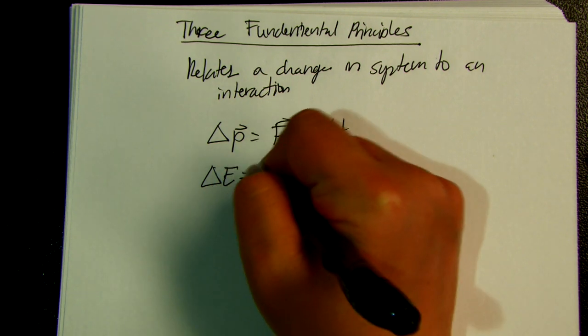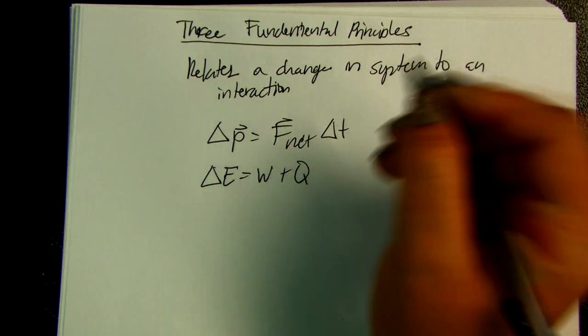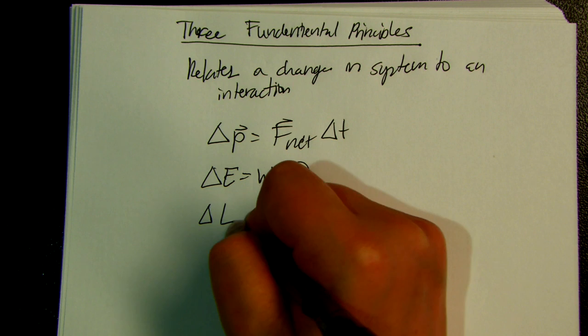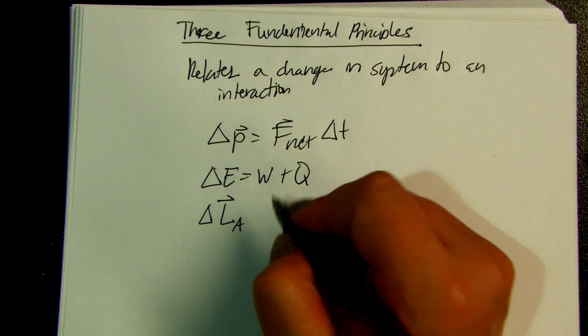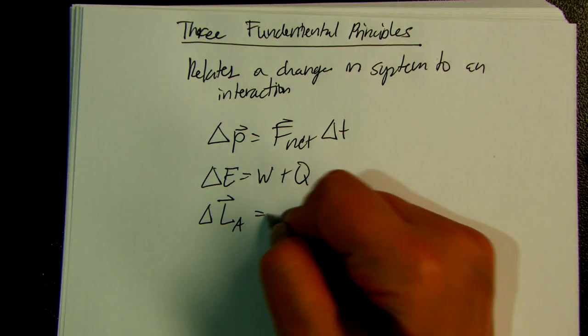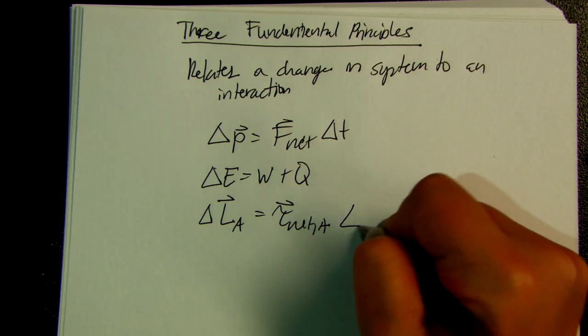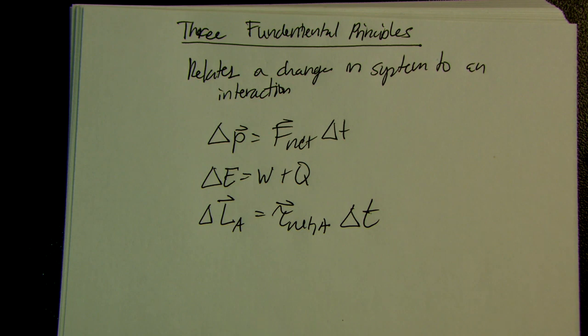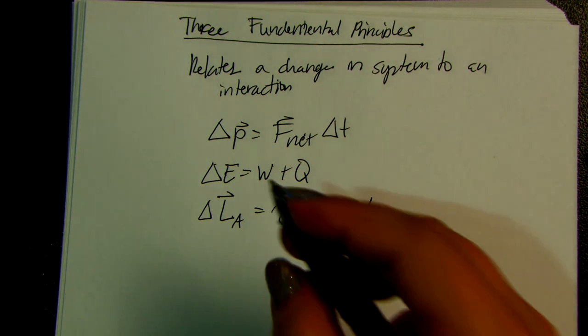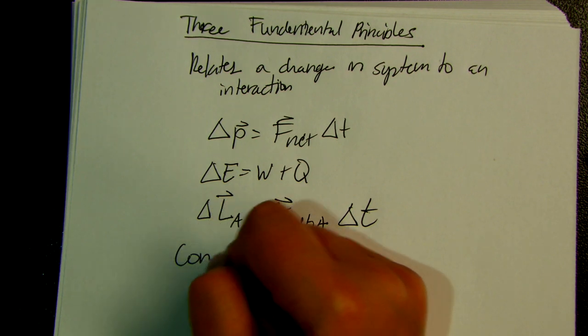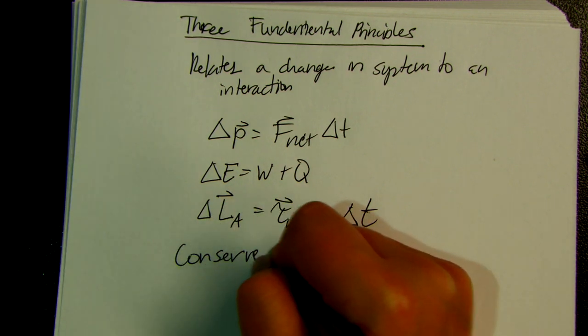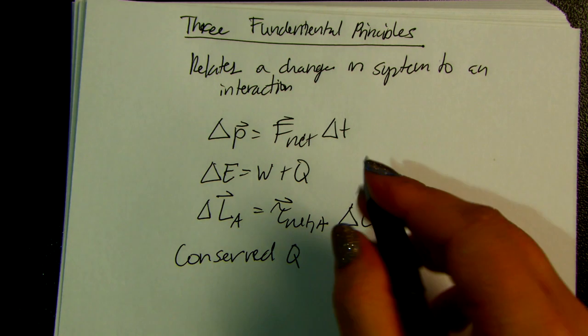Delta E is equal to work plus Q. And delta angular momentum, delta L_A, is equal to the net torque with respect to position A, times delta t. All of these are conserved quantities. That's why they're fundamental.